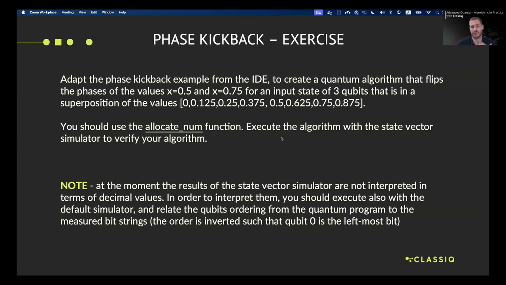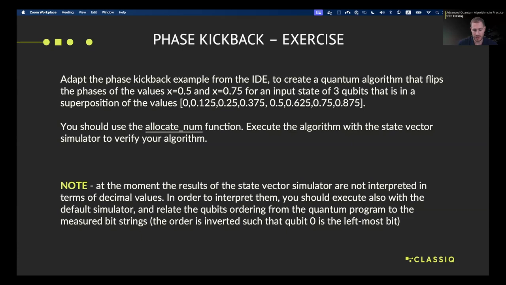But when we want to flip for 2 values, for 0.5 and 0.75, what we need to write there is x equals 0.5, or, actually type the word or, x equals 0.75, and then we'll flip if we encounter either the 0.5 or the 0.75. So this is one question.